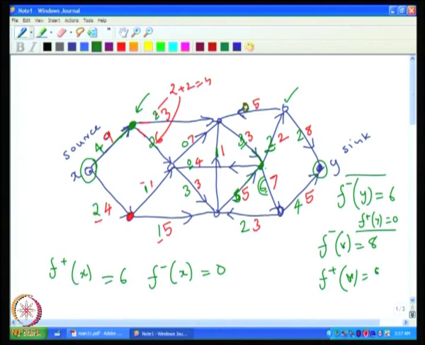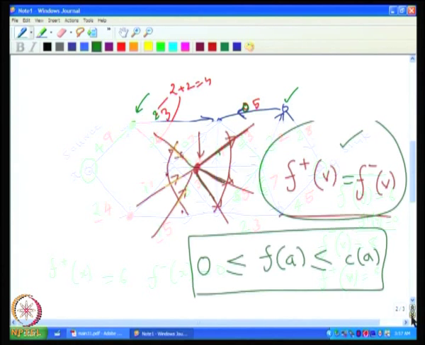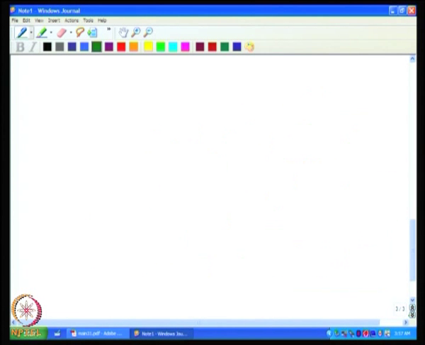But in practice that may not happen. Usually there will be some capacities associated with any real life network. So, this is the definition of the flow.